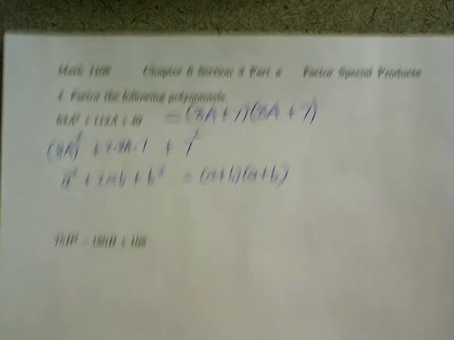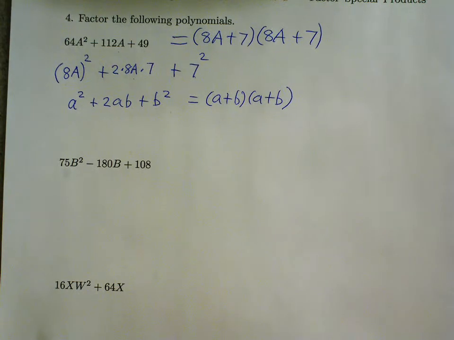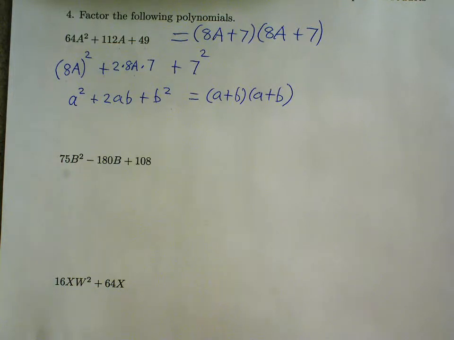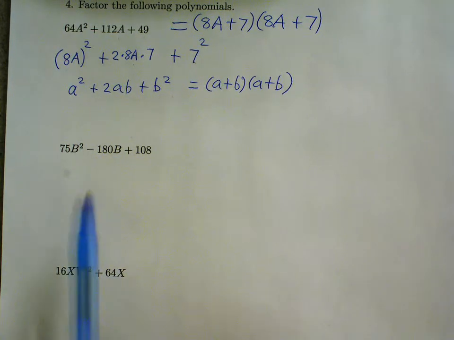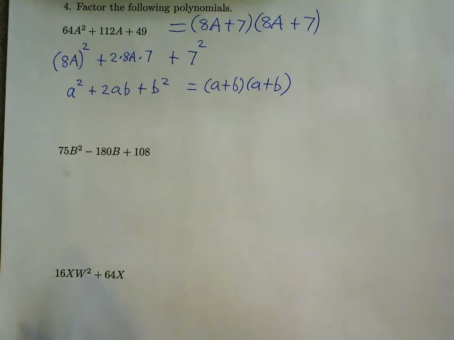Here, the next example, 75b to the second minus 180b plus 108. So what should we do to start with on this one?